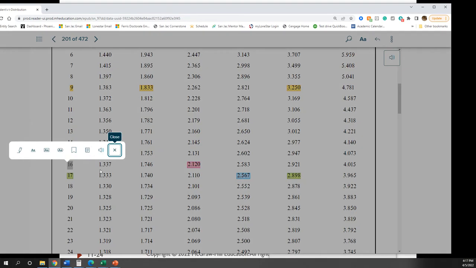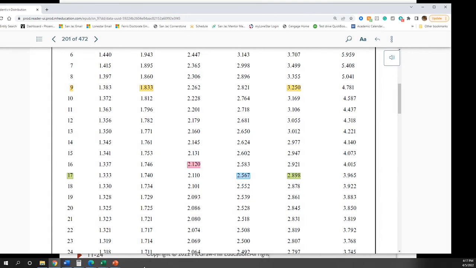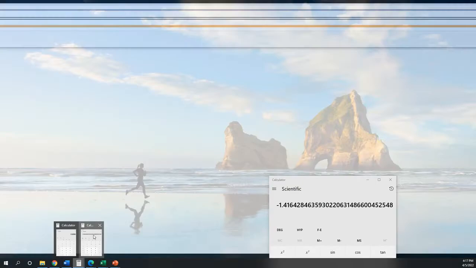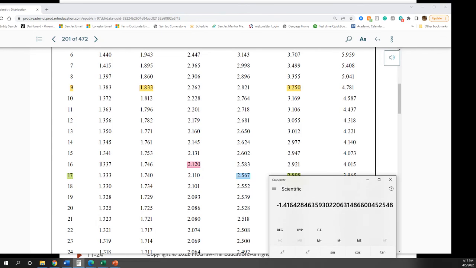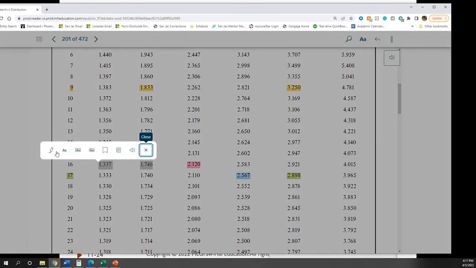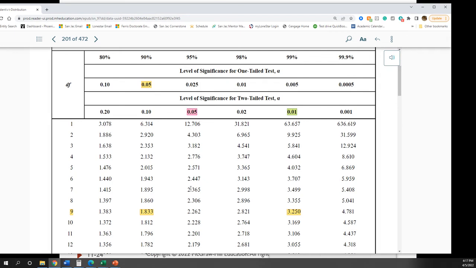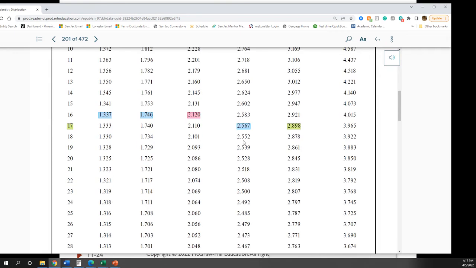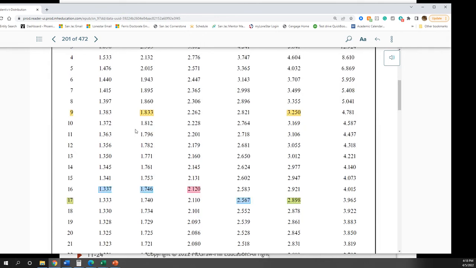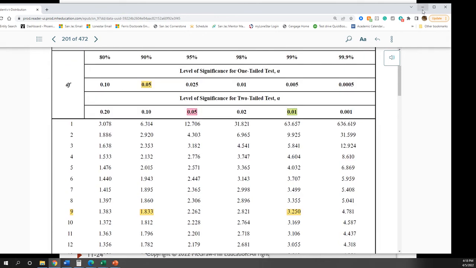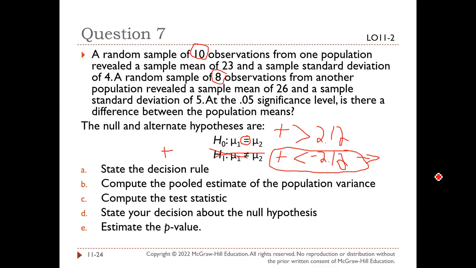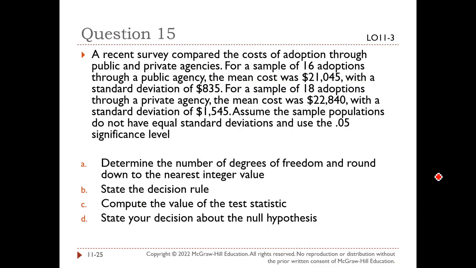Remember, our pooled. Okay? So, calculator. So it's going to fall in between these two. Right here. So it's going to be in between 0.20 and 0.10. Okay? So it's going to be less than 0.20 but greater than 0.10. p-values. They're fun. Okay. Next.